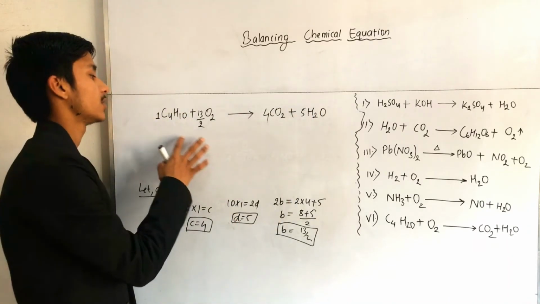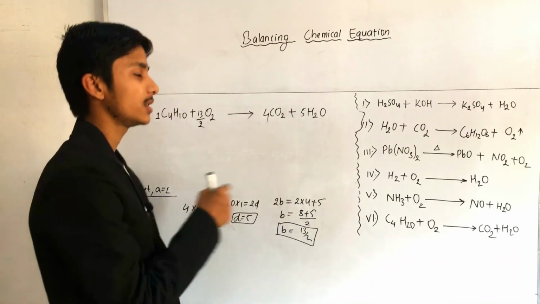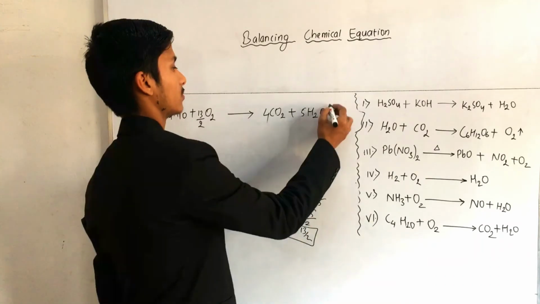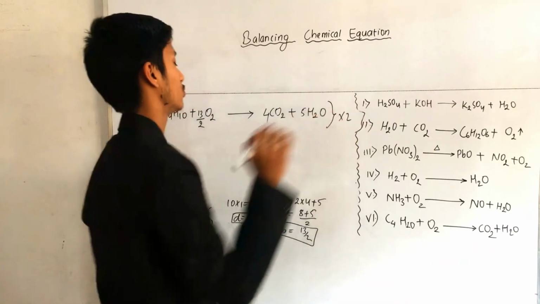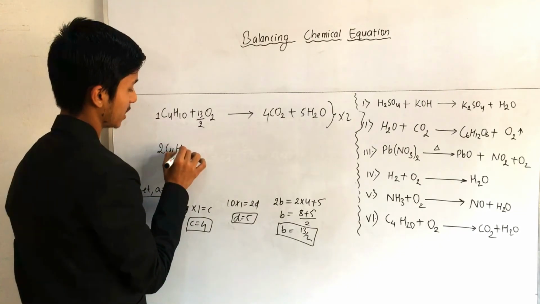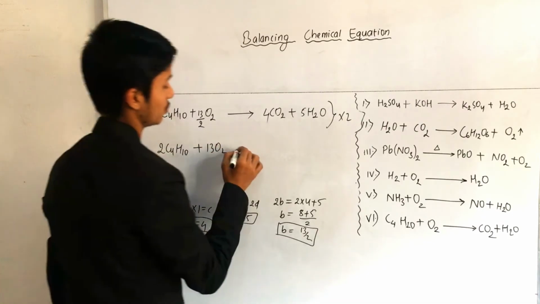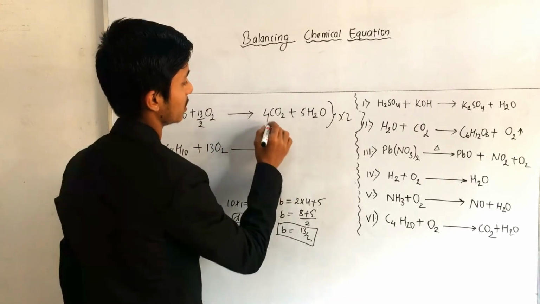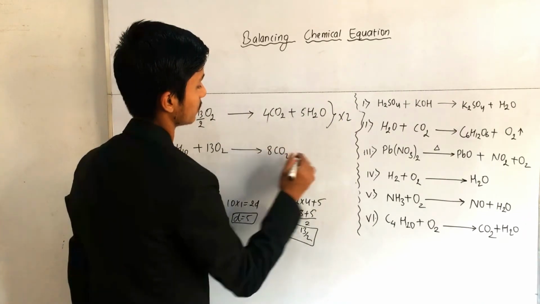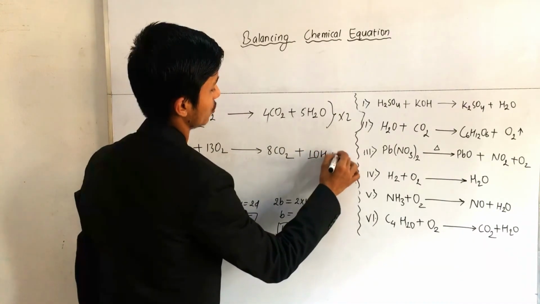Here you can see the equation is in fraction form, so to convert this into whole numbers we need to multiply it by 2. You'll get 2C4H10 plus 13O2 gives 2 into 4, that is 8, CO2 plus 5 into 2, that is 10, H2O.